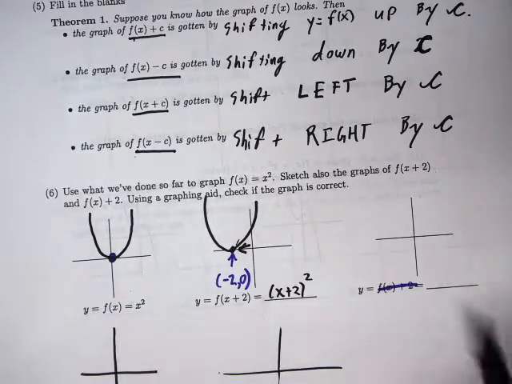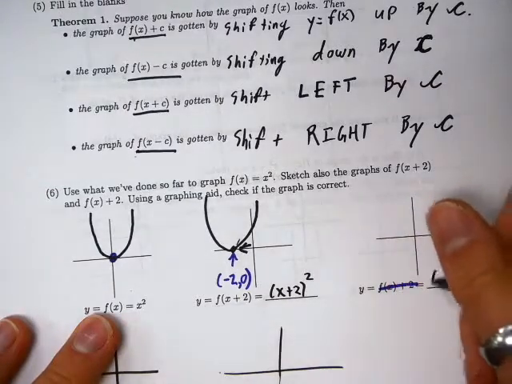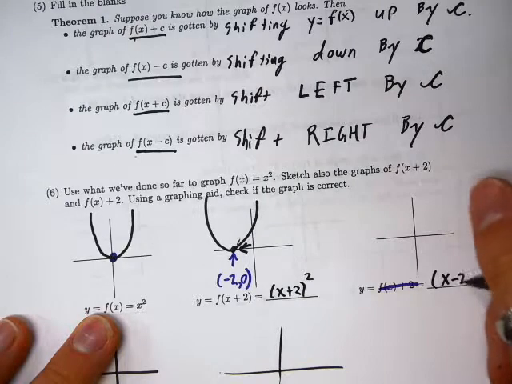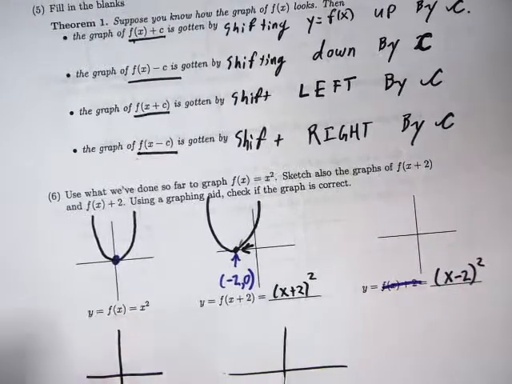also, just to see if it actually works, sketch the graph of x minus 2 quantity squared. So what should I do to the graph of x squared to get the graph of x minus 2 squared? I should move it to the right by 2. I think I heard 3 people all say that at different points in the sentence.